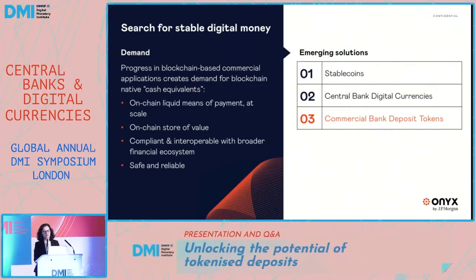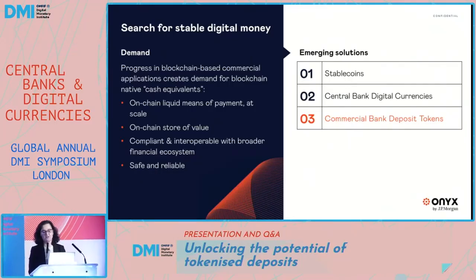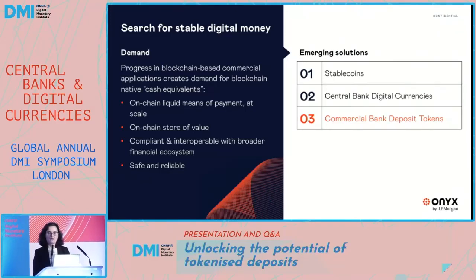Firstly, tokenization. As estimated by BCG last year, tokenization of real-world assets may reach $16 trillion by 2030, which is a 50-fold increase, representing 10% of global GDP. And cross-border payments today need to become more efficient and less costly.